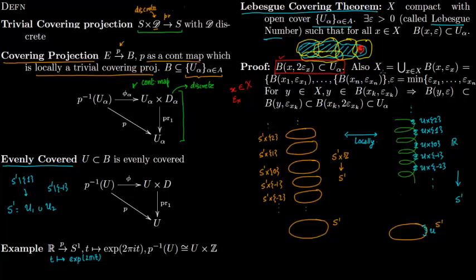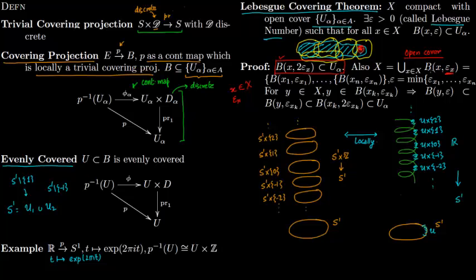Also, if you take all the balls around all the points, you form an open cover of the entire space. Notice that in the open cover I am using epsilon subscript x, which is separate from the previous one.